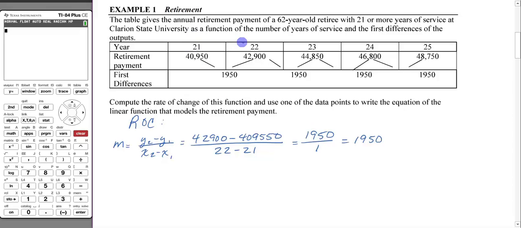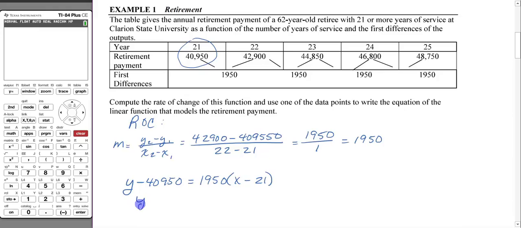So from 1 year to the next, the retirement payment will increase by $1,950. Now, to be able to get the equation of the linear function, we just need to use this slope and one of the points. I'll go ahead and choose this point. So I'm going to have y minus the y value equals the slope times x minus the x of that point.